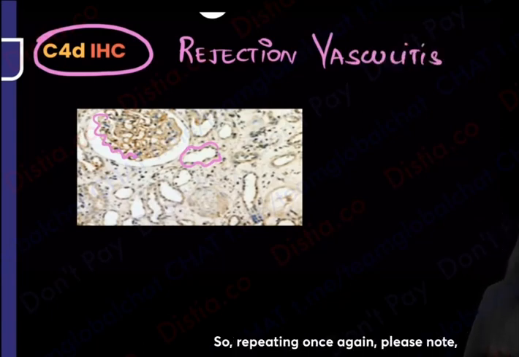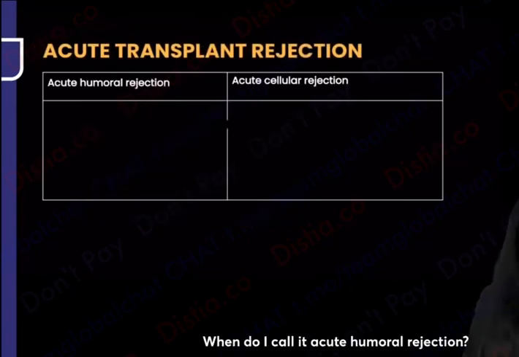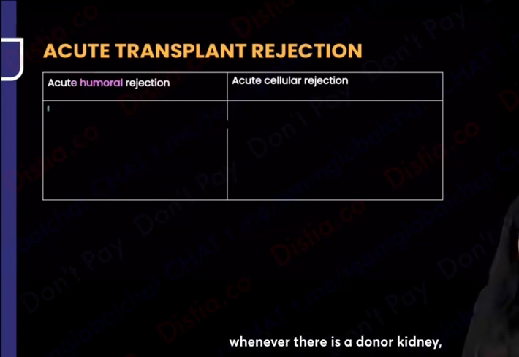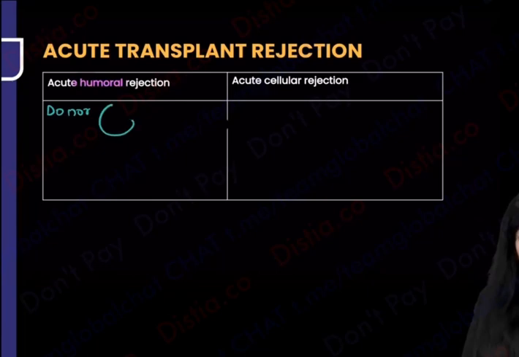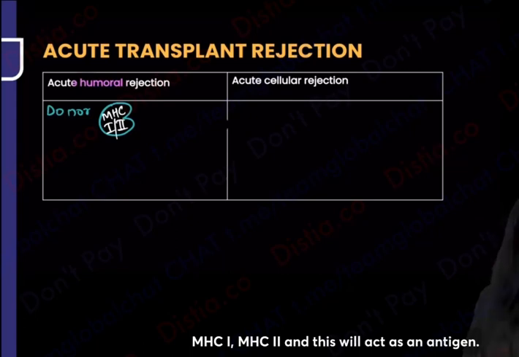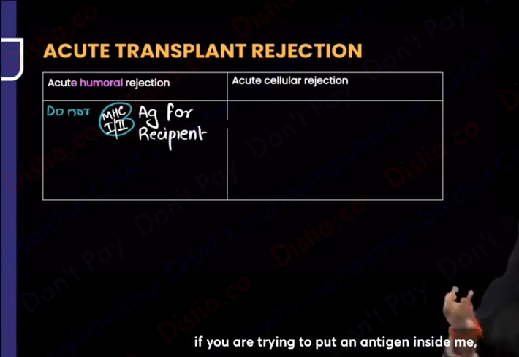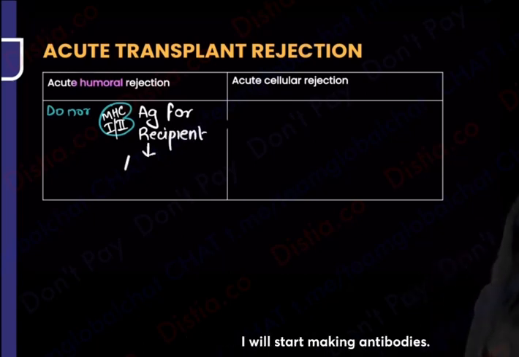So repeating once again, when do I call it acute humoral rejection? I call it acute humoral rejection whenever there is a donor kidney. That kidney tends to carry its own set of MHC, MHC1 and MHC2, and this will act as an antigen for the recipient. So the recipient will say, fine, if you're trying to put an antigen inside me, I will start making antibodies.